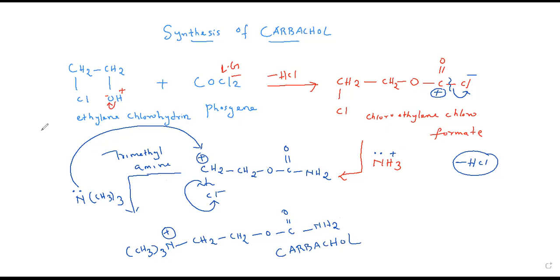So the starting compound I have taken here is ethylene chlorohydrin. You are going to react it with phosgene. In these two atoms, oxygen and hydrogen, hydrogen will get a positive charge, and this positively charged hydrogen reacts with one of the chlorine atoms present in phosgene to liberate the first molecule of HCl.